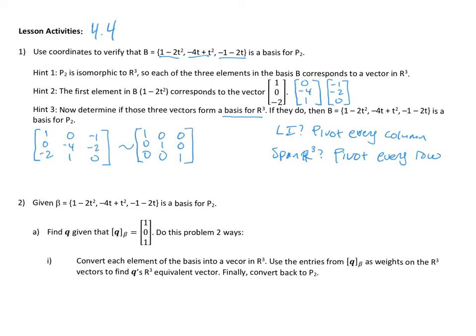Okay, so I have a pivot in every row and a pivot in every column, which means the 3 columns form a basis for R3, which means that these 3 polynomials form a basis for P2.